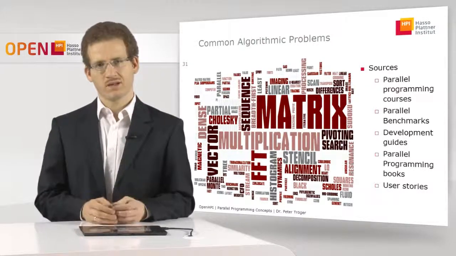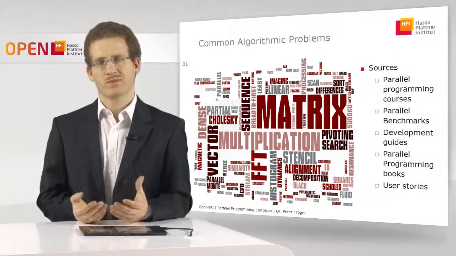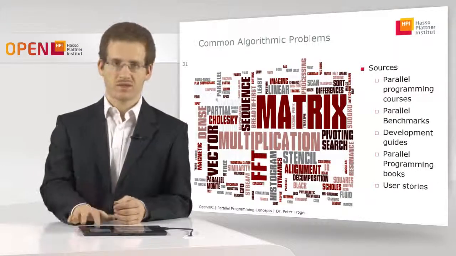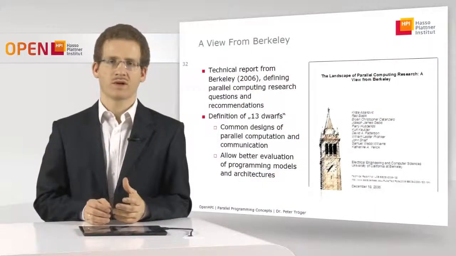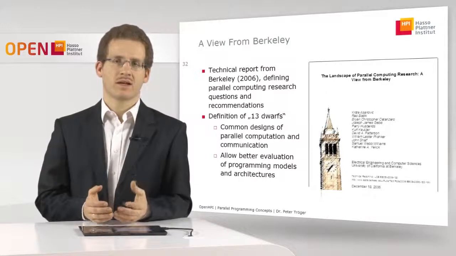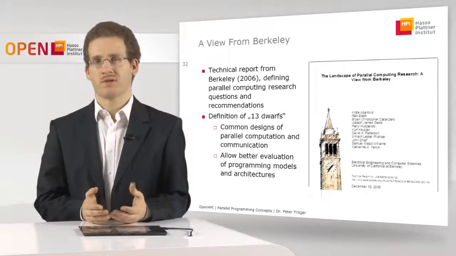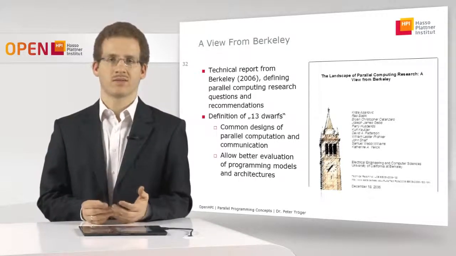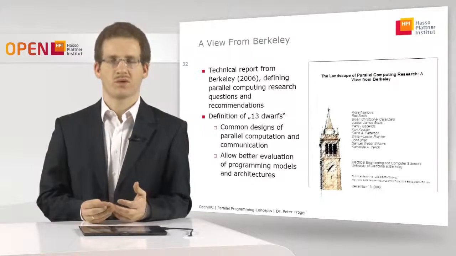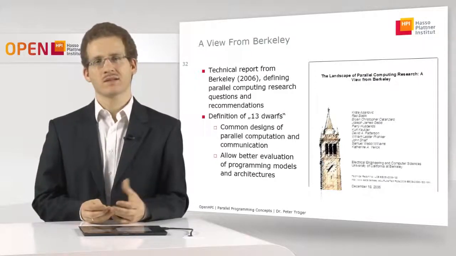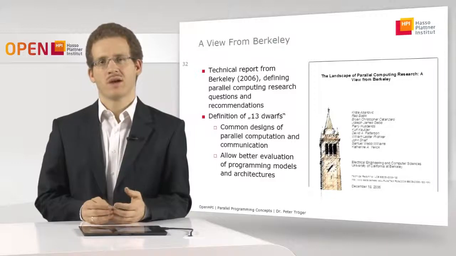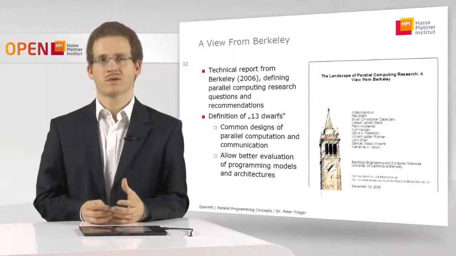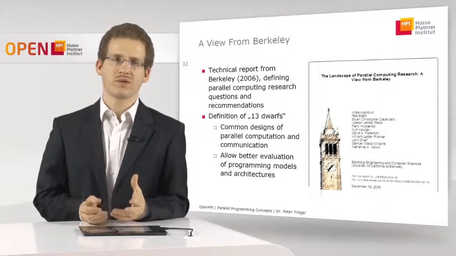And this is an investigation which was very interesting, but which was by far not new. So what we basically did there was we proved an insight that other people also had beforehand, and this is what is called the Berkeley Dwarfs. So in 2006, the University of Berkeley published a technical report which was called The Landscape of Parallel Computing Research.